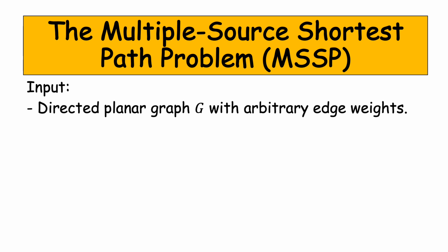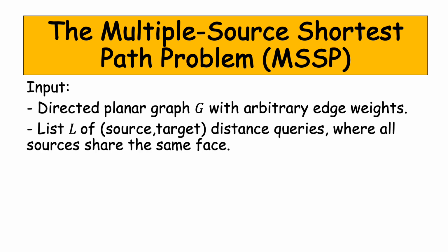So in this problem we are given a directed planar graph G with arbitrary edge weights. So notice that the edge weights can be negative, and a list of distance queries, source target, where all sources share the same face in the planar graph.